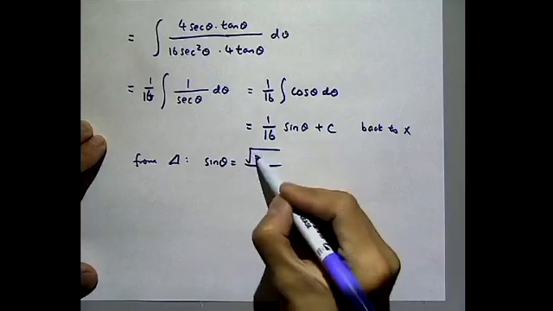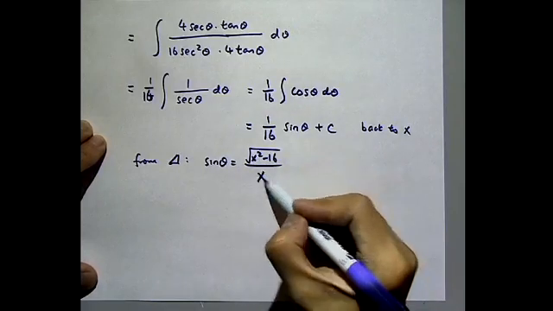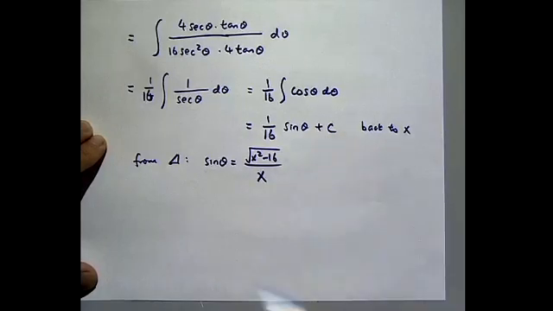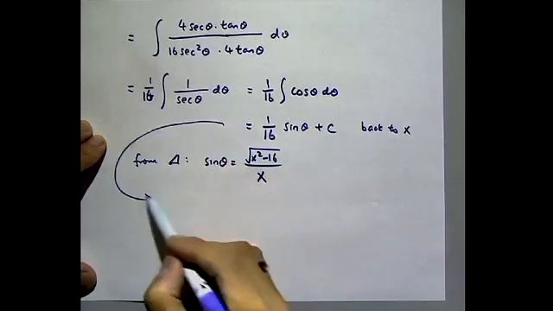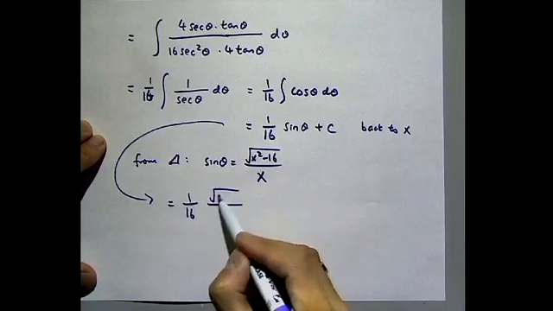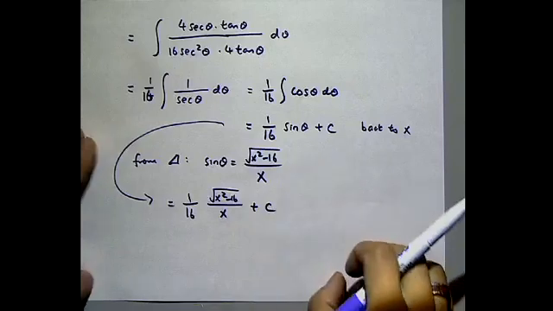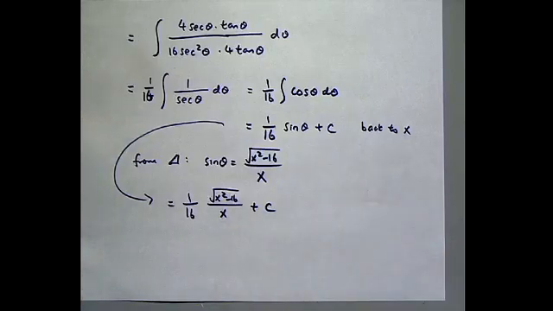So here's my opposite. My hypotenuse is x. So that goes in here for that. Now are we done? Yep, we are done.